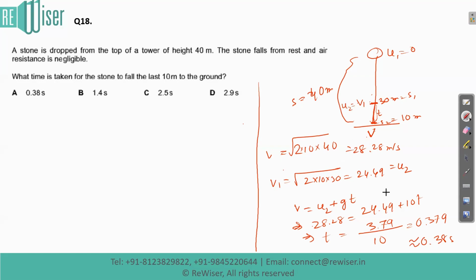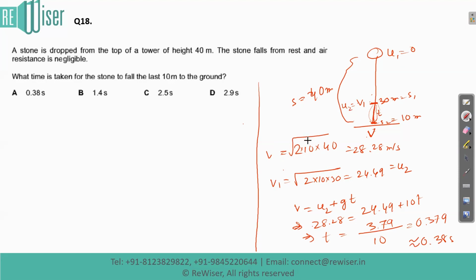And then we can use the formula V is equal to U2 plus GT. I mean, we can apply the first equation of motion from here to here. We can only concentrate from here to here and find out the time. That is the plan.